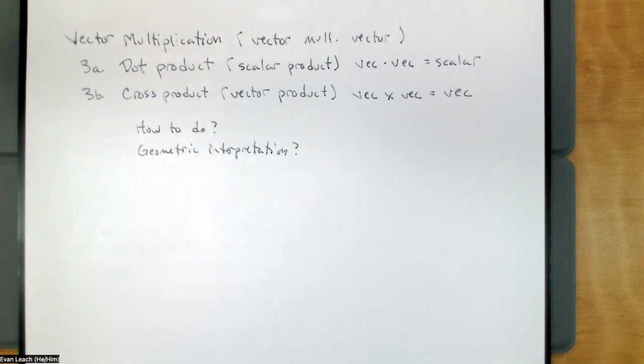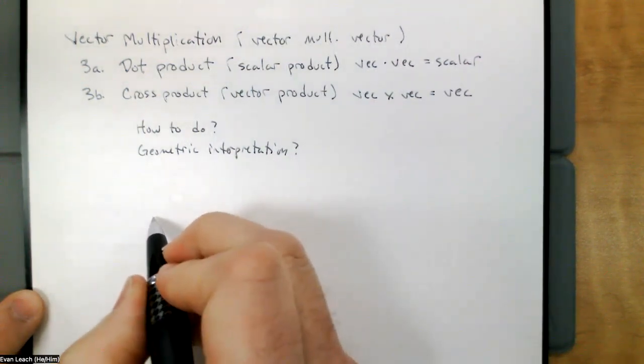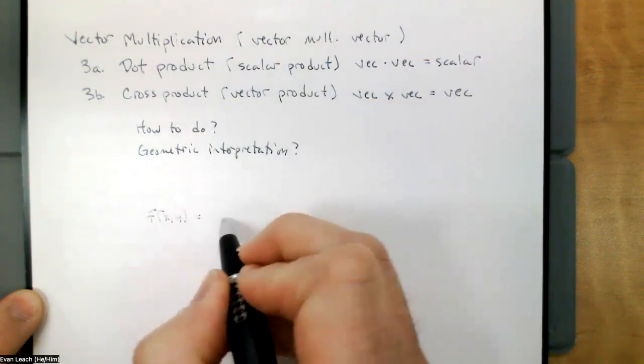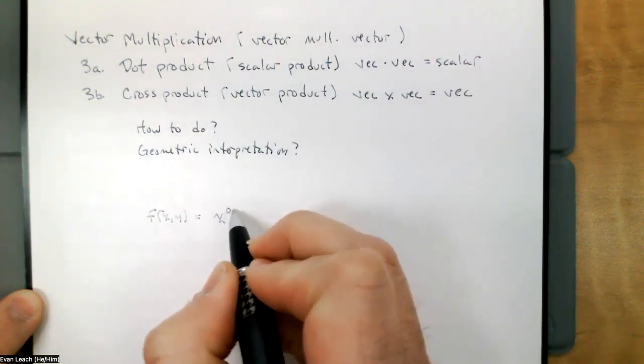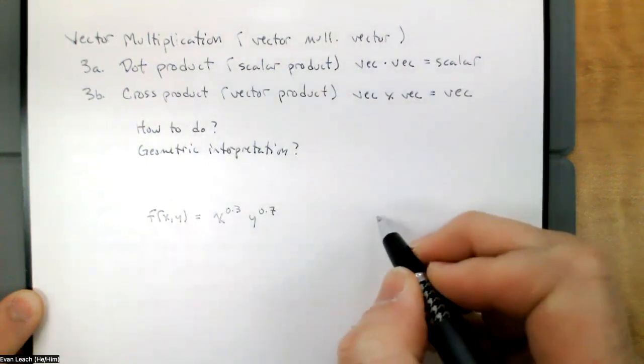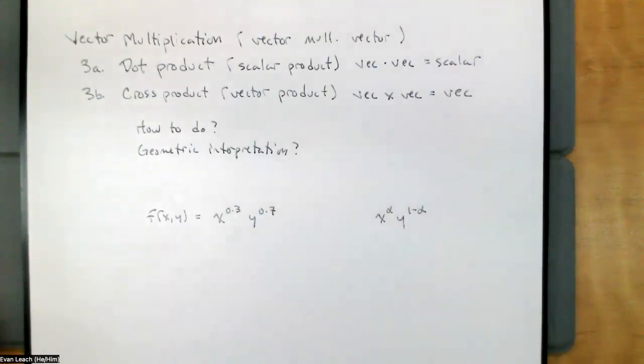All right, one very last thing has to do with the homework. There was a homework that involved a function. Let's just use the one that I had, where it said x to the 0.3 times y to the 0.7. So the function was of the form x to the alpha times y to the 1 minus alpha.